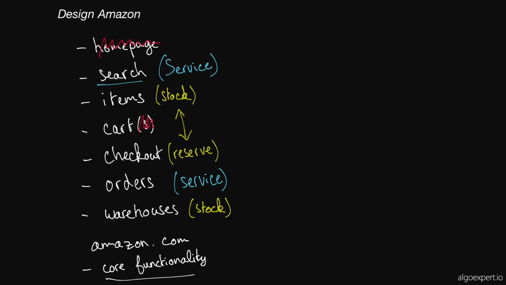The final question that I'm going to ask for good measure is just the scale of Amazon, how many customers are we serving? And here, our interviewer is going to say that Amazon has something like 300 million customers, and it serves 60,000 orders per hour, which is 20 orders per second. Since we're serving just Amazon.com, the US here, we're going to go with something like 10 orders per second, half of all global Amazon orders.